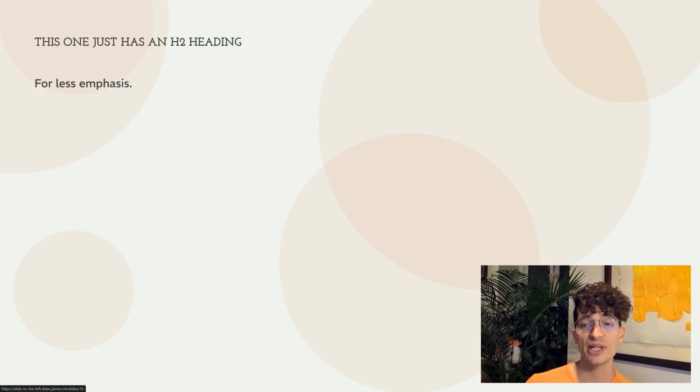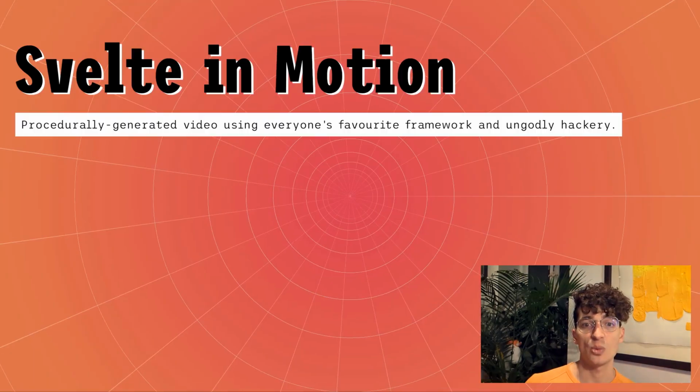This is a slightly more complex one, and this is made with Threlte. This, by the way, is the most meta part of the presentation. This is a slideshow about Svelte, built in Svelte, embedded in a slideshow about slideshows in Svelte, built in Svelte.